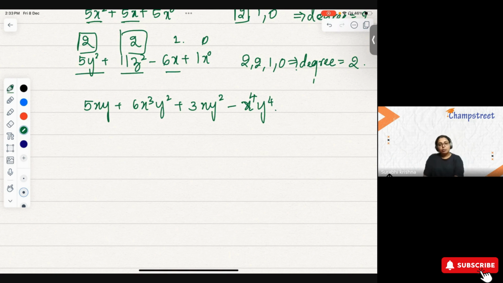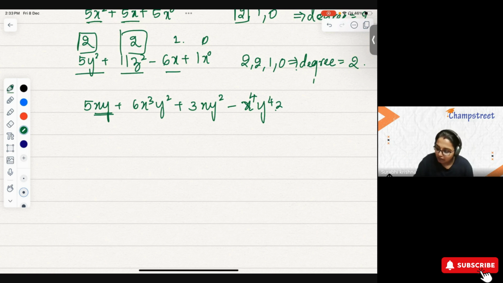Is this a polynomial? Correct. It's a polynomial. So when we have more than one variable in one term, we add the powers of the variables.